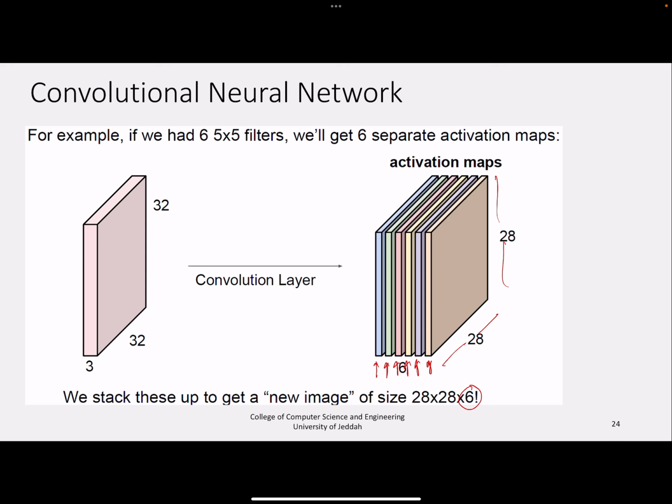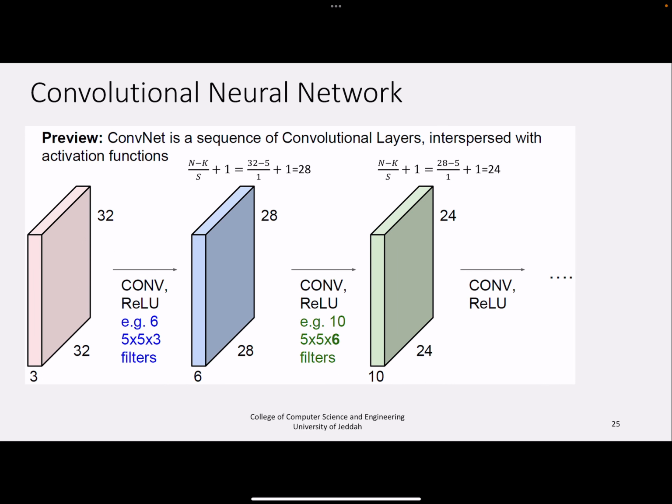Now, this is what you can do in one layer. And remember, you can have multiple layers in a neural network. In one layer, you may be applying a 5 by 5 by 3 filter, going, just like we just did, from a 32 by 32 by 3 image to a 28 by 28 by 6 output.